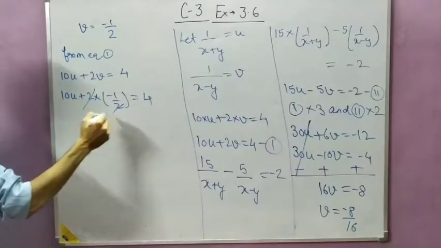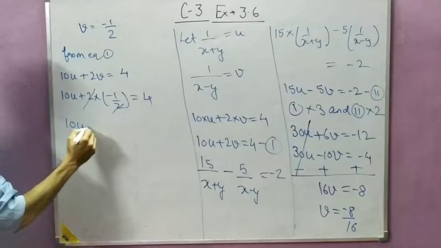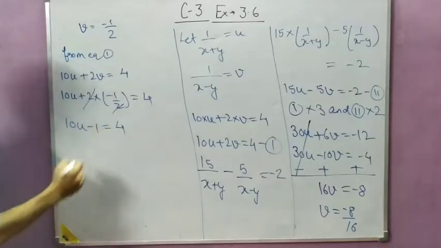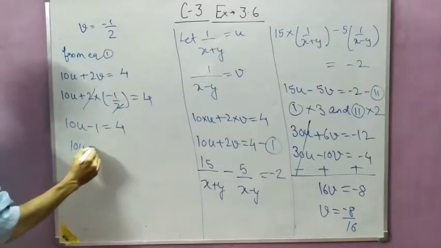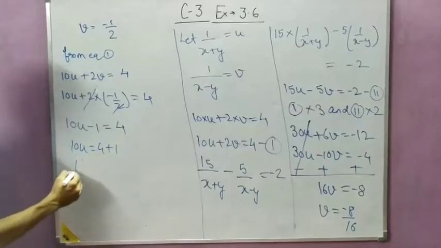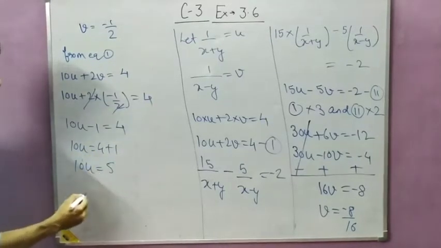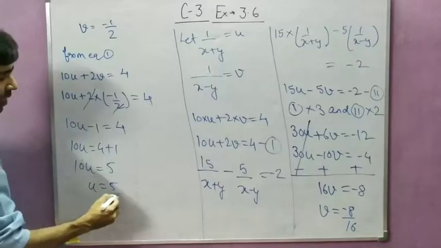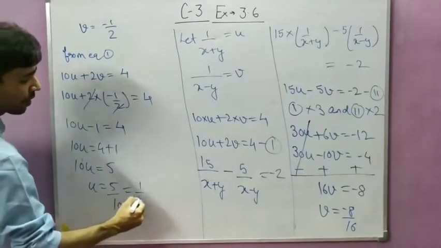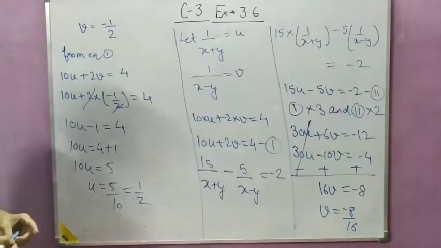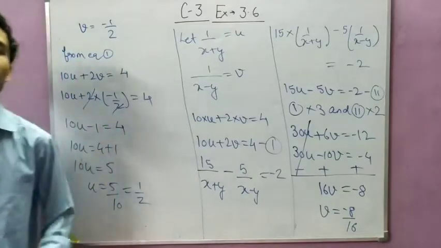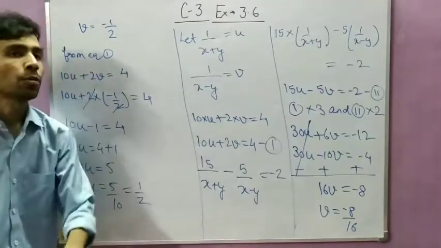Now 2 cancel. So 10u minus 1 equal to 4. So 10u equal to 4 plus 1. So 10u equal to 5. So u equal to 5 by 10, so it will become 1 by 2. So the value of u comes 1 by 2 and the value of v comes minus 1 by 2.